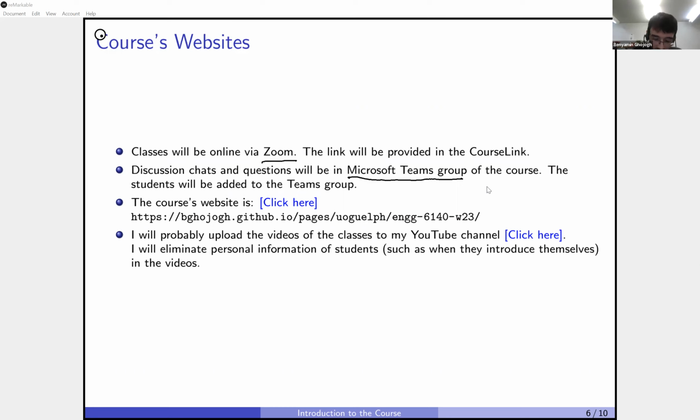Or we can do that in Course Link too, but I think Microsoft Teams is a better option. I can make one chat in Microsoft Teams and add you by adding your emails. Please accept that and come to the chat, and then we can ask our questions offline. Of course, you can ask your questions in class too, but when we are not in class, we can ask questions on Teams.